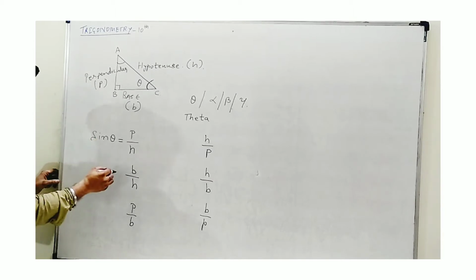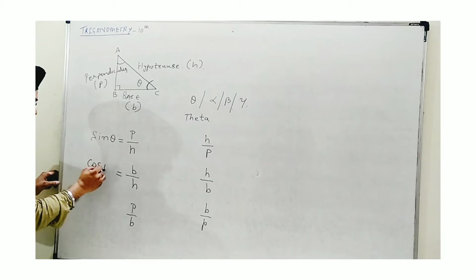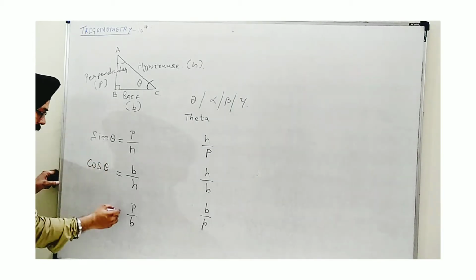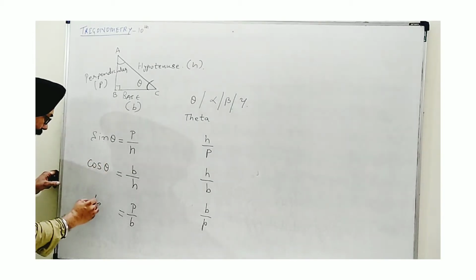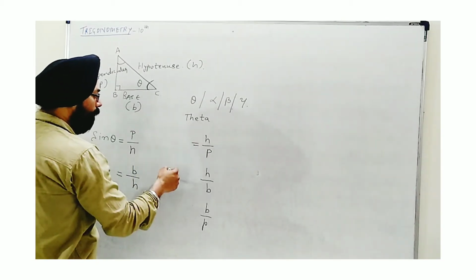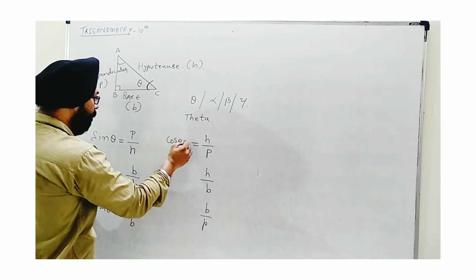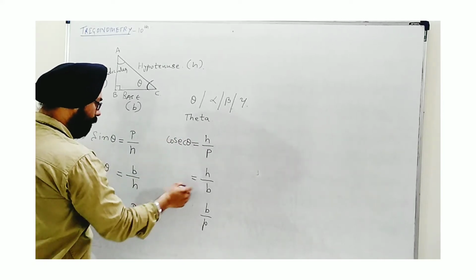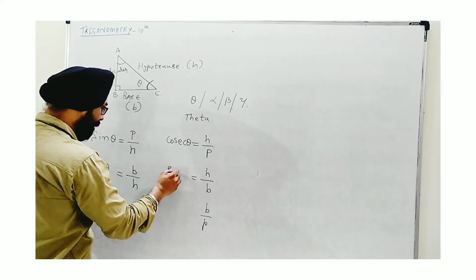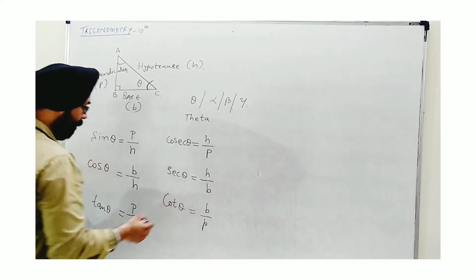Now B upon H is denoted as cos of theta. This ratio, P upon B, is written as tan of theta. H upon P is written as cosec theta. H upon B is sec theta, and B upon P is cot theta.